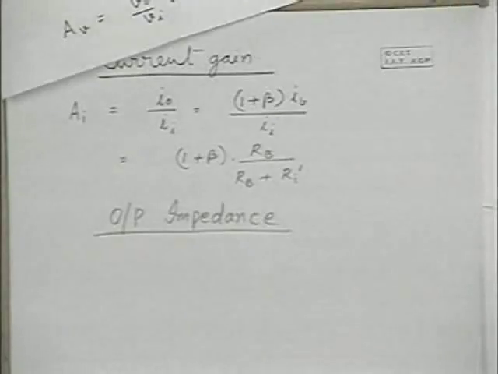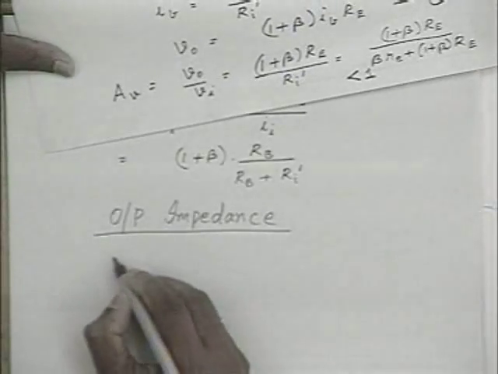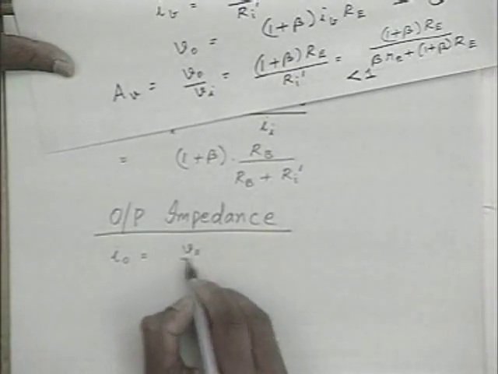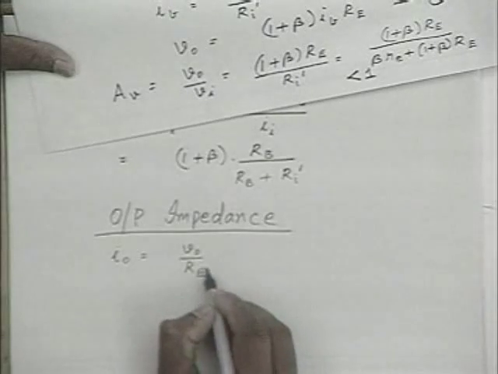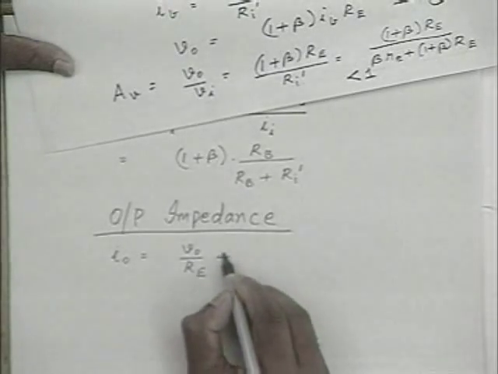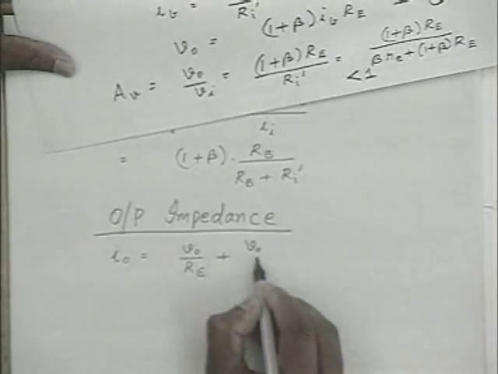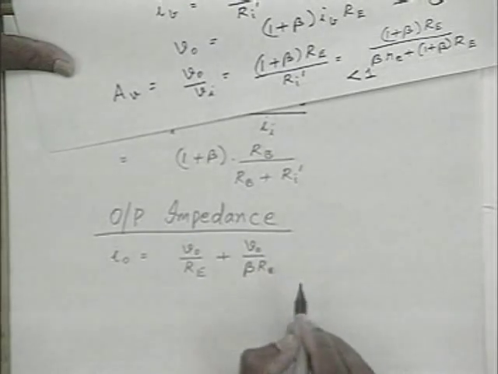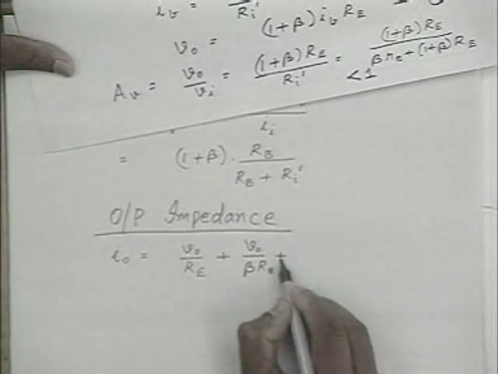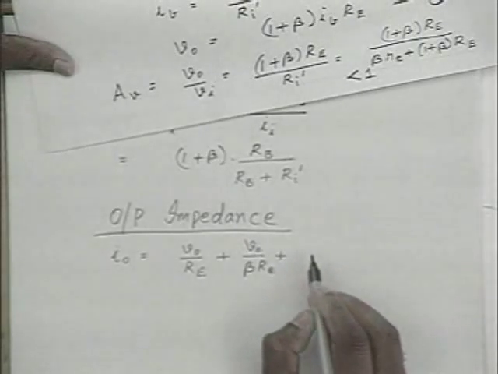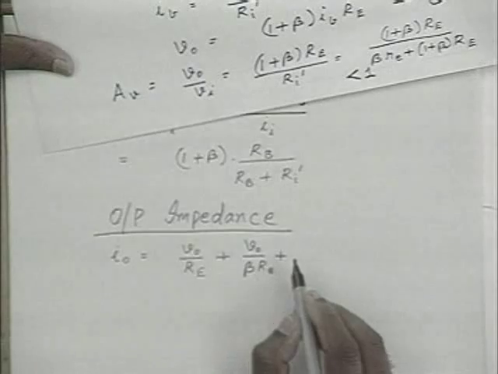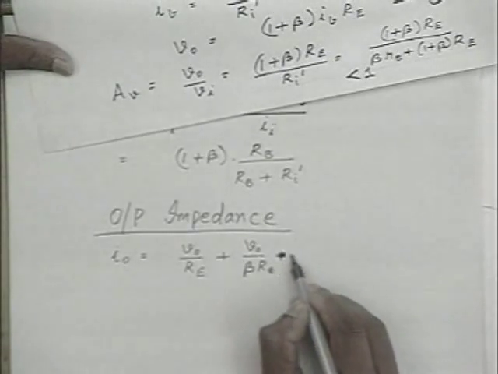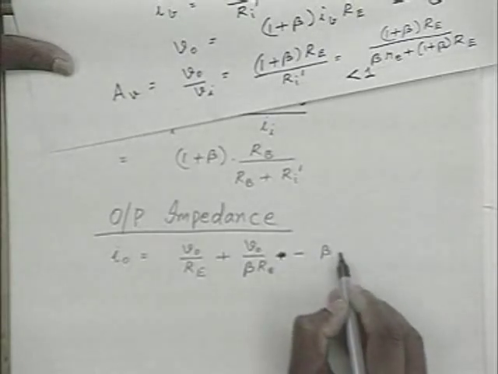So, these two current components, out of I0, one component is V0 by RE itself. The next component is V0 by beta RE, plus we have one more current component, that is beta IB coming into the terminal, therefore minus beta IB.